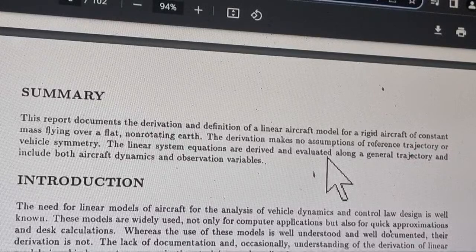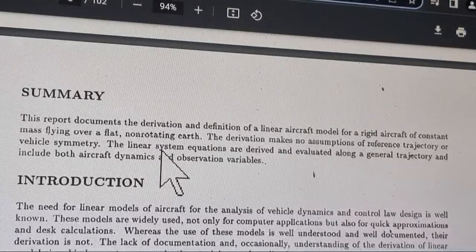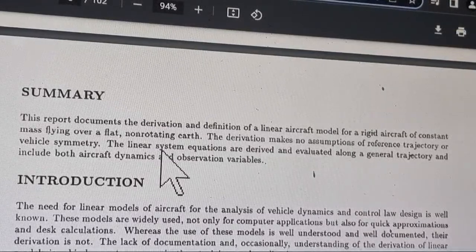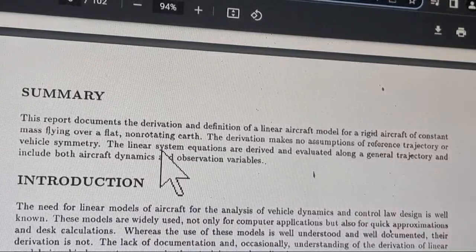The linear system equations are derived and evaluated along a general trajectory and include both aircraft dynamics and observation variables. So aircraft dynamics can be a crosswind, a low pressure area, the dynamics of the flaps, rudder, ailerons.